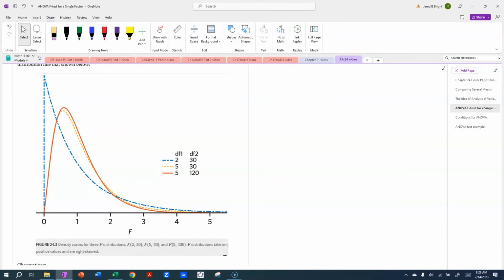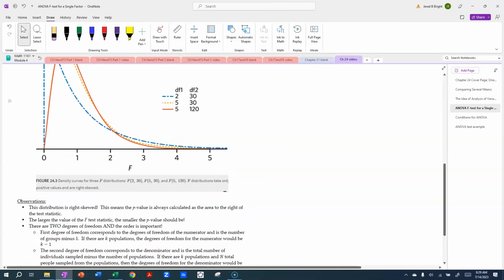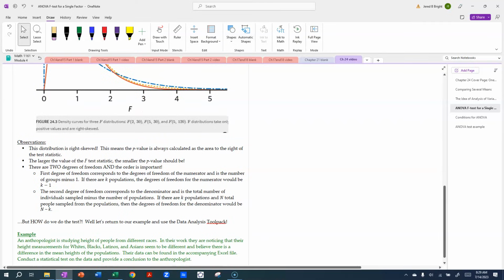The two parameters you provide are called degrees of freedom, and the two values are computed down here. The first degree of freedom corresponds to the number of populations that you have.